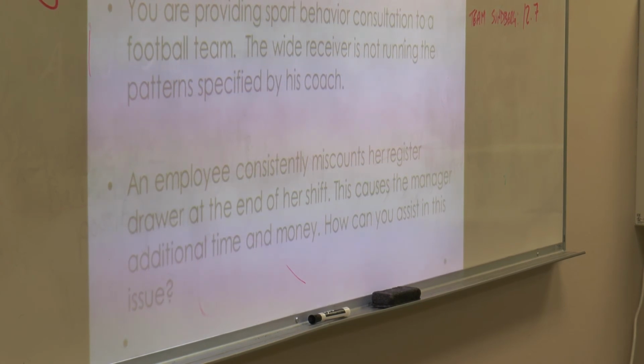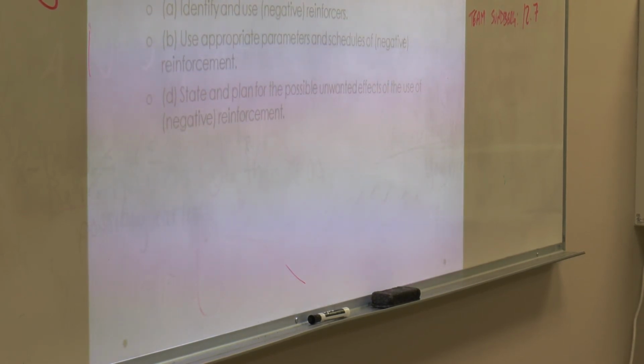Let's go over our objectives again real quick to see what I've totally confused you on. Who wants to quickly define what negative reinforcement is? The removal of a stimulus to increase behavior. Exactly. Perfect. And who wants to provide one example?